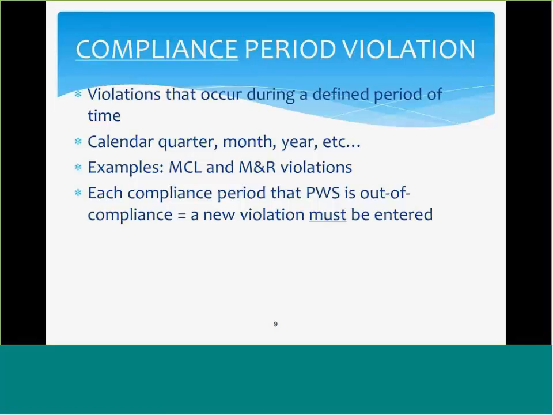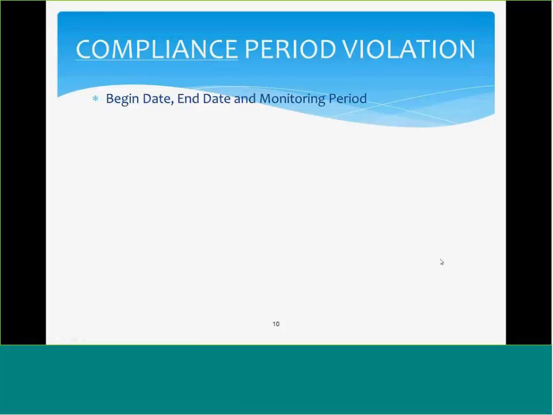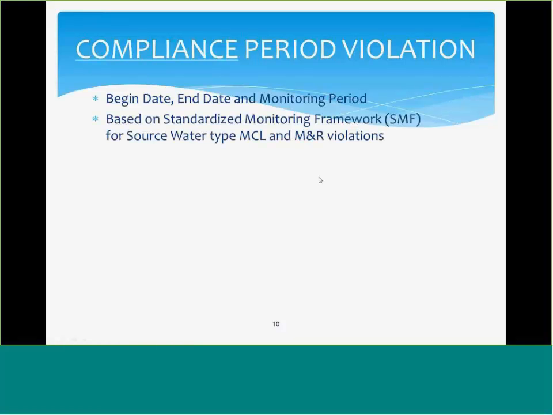Each compliance period that a water system is out of compliance, you would issue a new violation in SDWIS. For a compliance period violation, you need to have the begin date and the end date, and you also need to make sure that the monitoring period is in SDWIS.